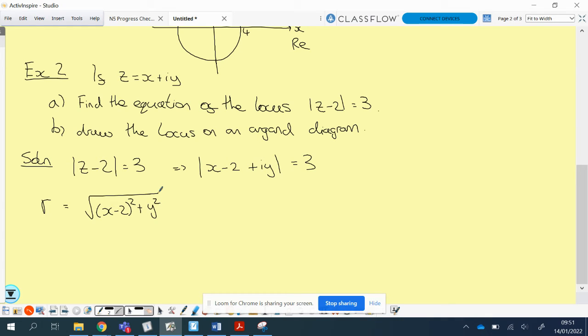I'm grouping the real part, and then I've got the imaginary part. I need to square them both to get the size of r, and we know that has to equal 3. Squaring both sides, the x minus 2 in a bracket all squared plus y squared equals 9.